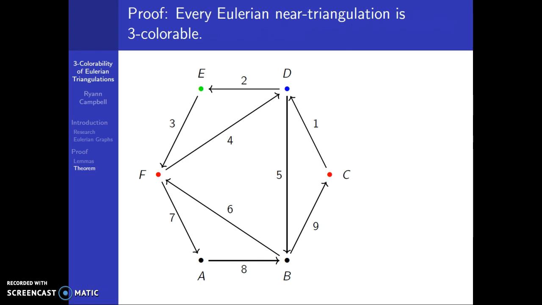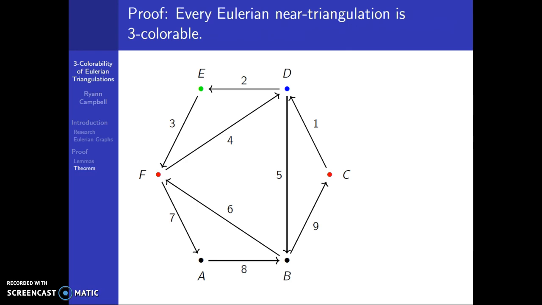Now, edge 4 leads us back to D. But since from D to D again, this small sub-circuit from D to E to F back to D has length 3, we are back to the same color in the pattern. So D ends up taking up our blue spot.